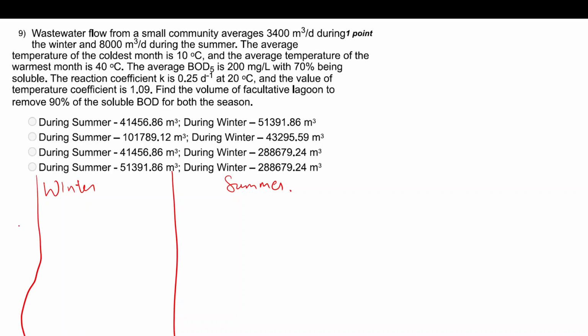Here Q is given to you as 3400 meter cube per day and 8000 meter cube per day. Then the operating temperature is 10 degrees Celsius, because the average temperature of the coldest month is 10 degrees. And in summer, the average temperature of the warmest month is 40 degrees Celsius. So this is the operating temperature.